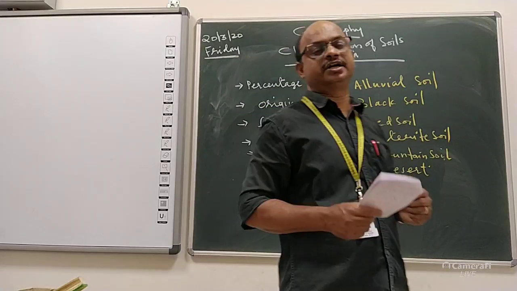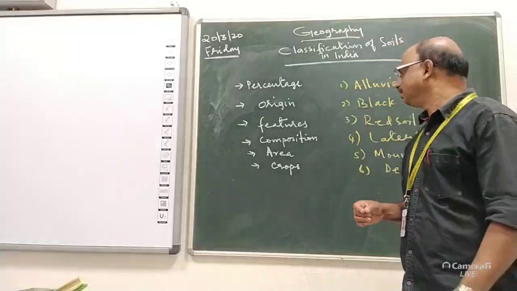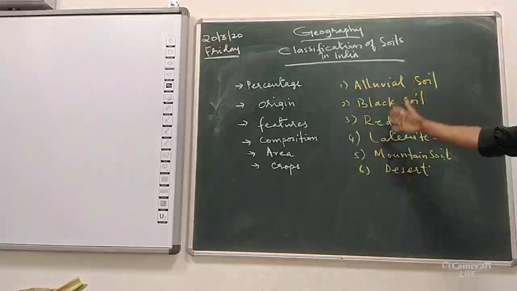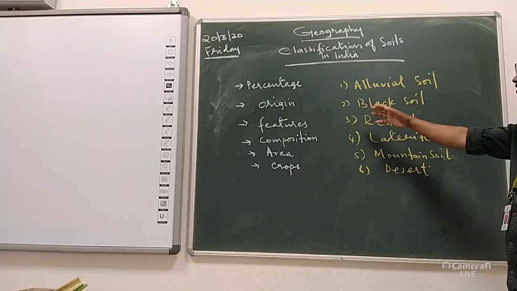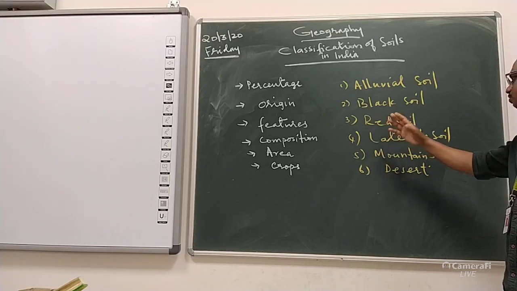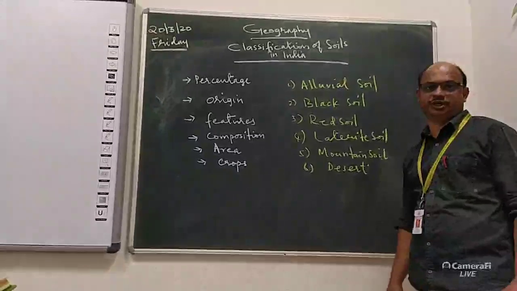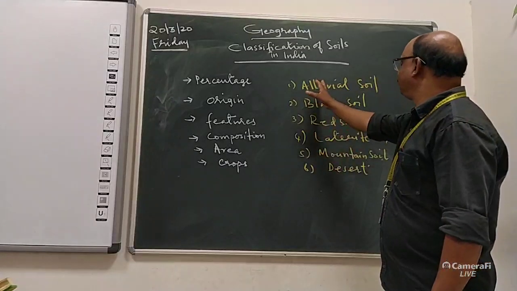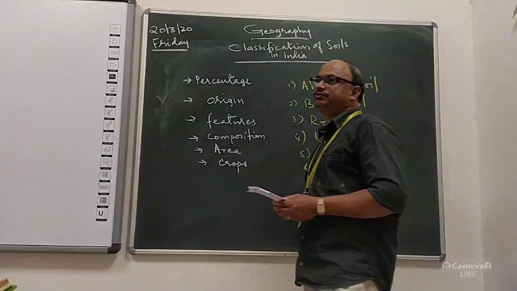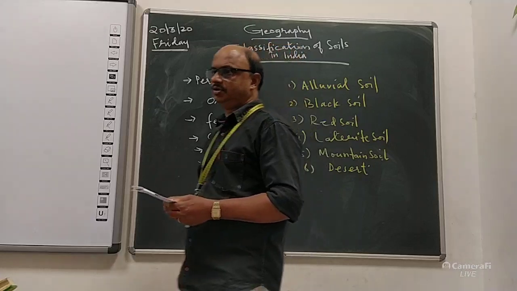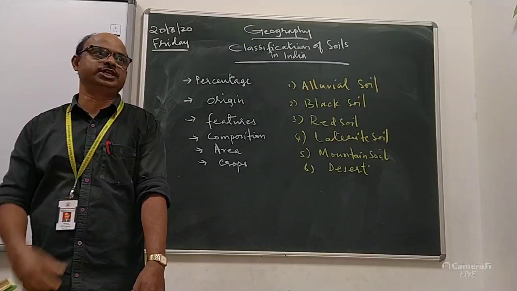The Indian Council of Agricultural Research classified Indian soil into six major types: alluvial soil, black soil, red soil, lateritic soil, and desert soil. So first of all, about alluvial soil and its percentage. We have to understand that.